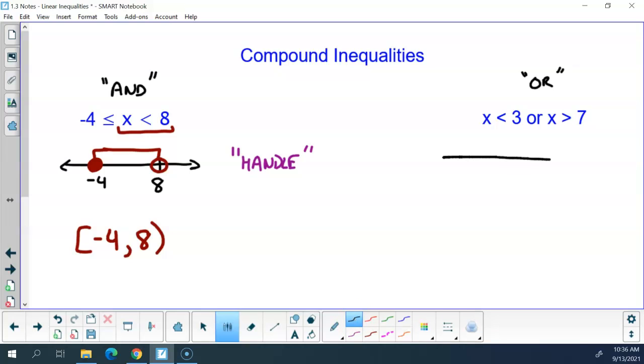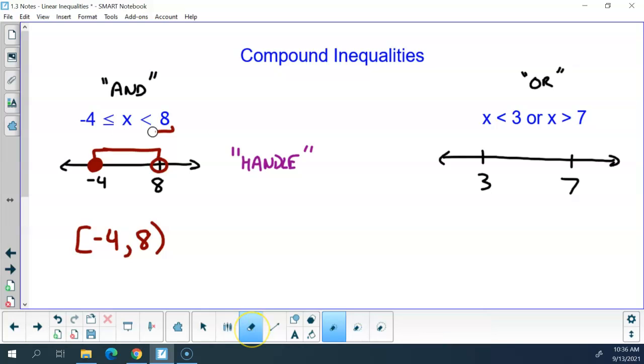In the OR case, my two numbers are 3 and 7. Open or closed at 3? Open. Left or right with the arrow? Open or closed at 7? Open. Left or right with the arrow?